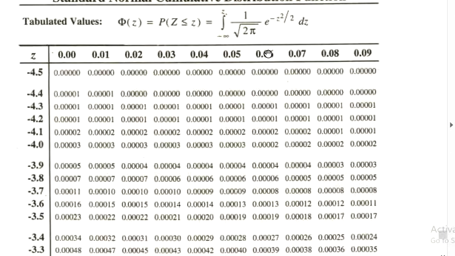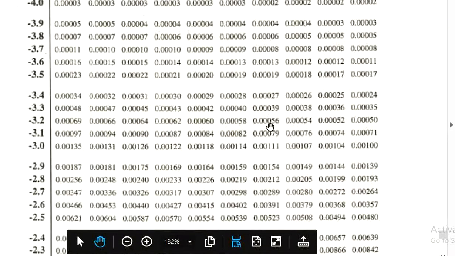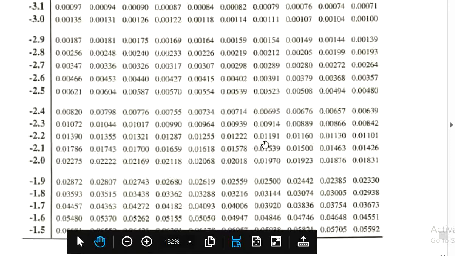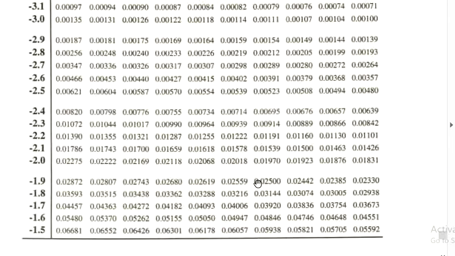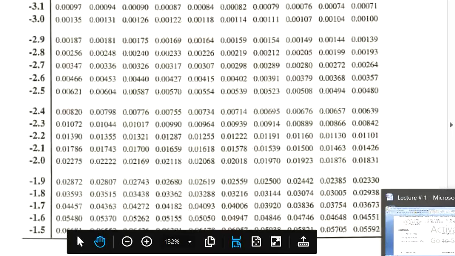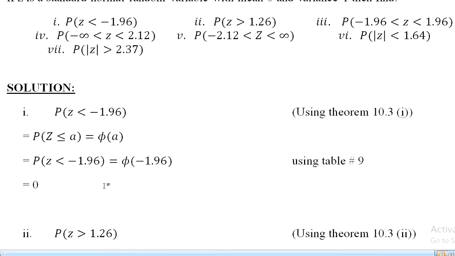Here we have the last fourth column. In this column we will see minus 1.9. There it is, minus 1.96, that is equal to 0.02500. So this is the probability that Z is less than minus 1.96.